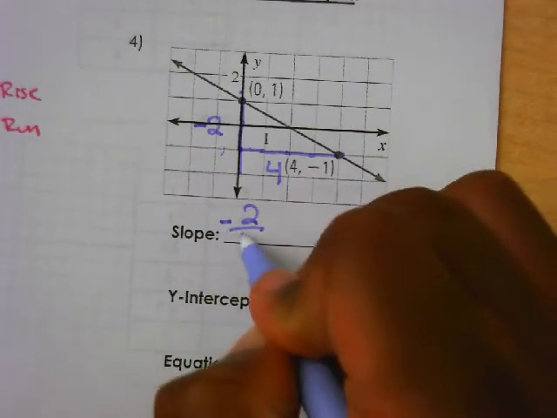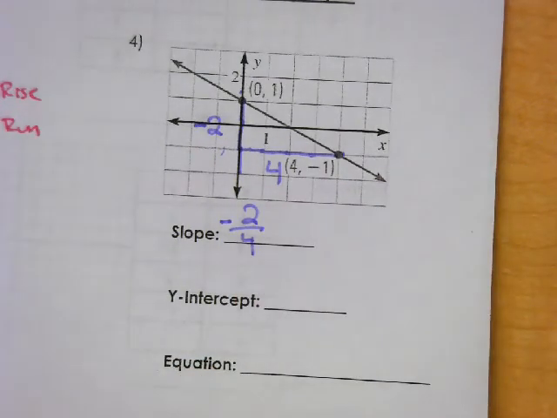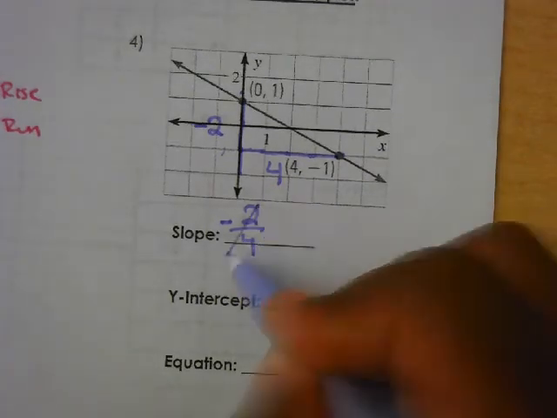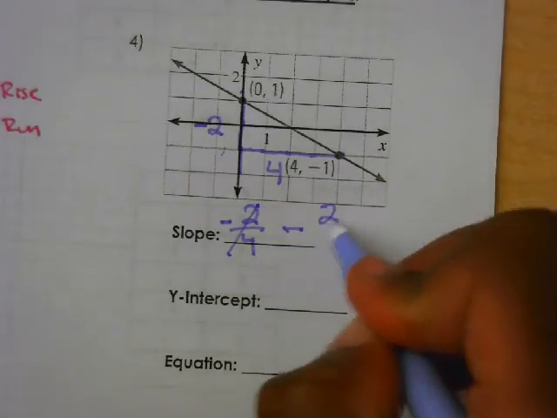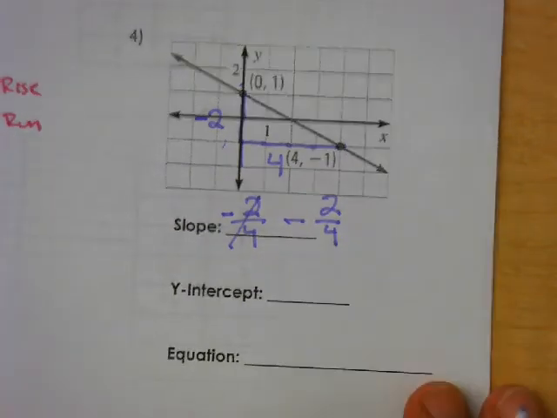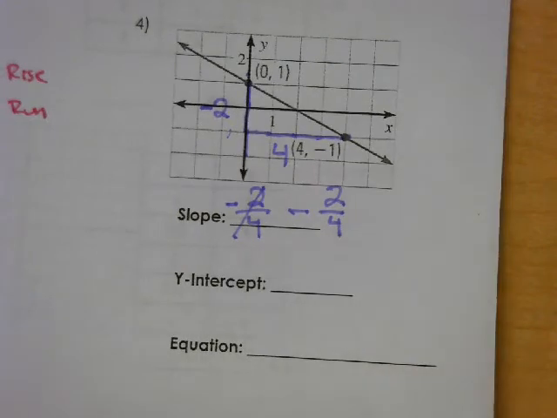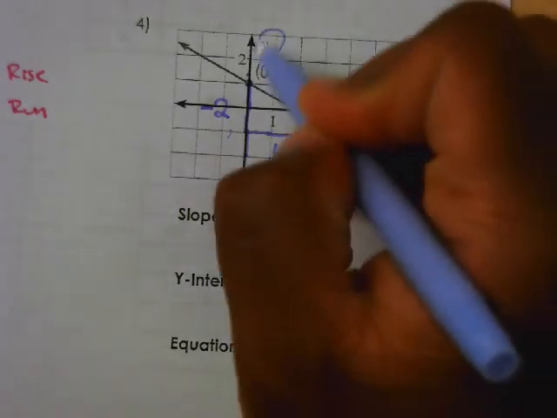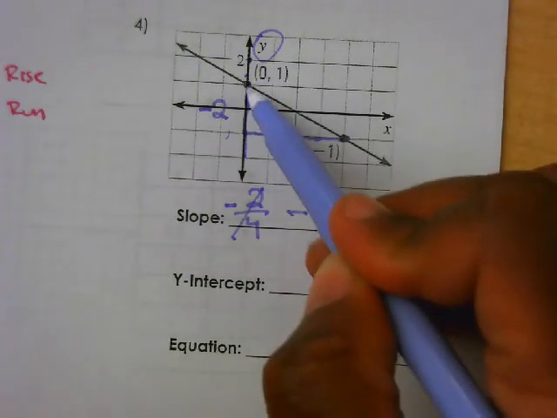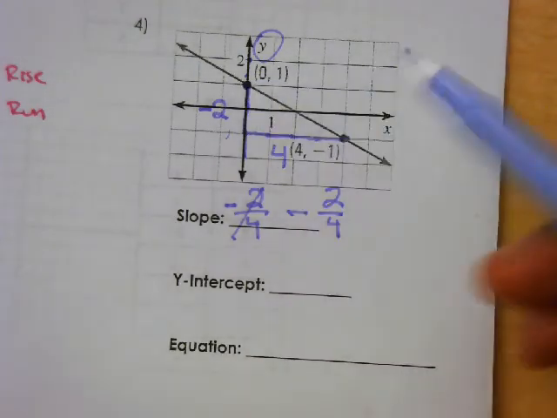My run is 4. I don't like the negative on just one number, because if one number is negative, then the whole fraction is negative. So really, we'll write that as -2/4. The whole fraction is negative. Now where is the y-intercept? Where does it cross the y-axis? This is the y-axis, and this is 2, so it crosses at the 1.